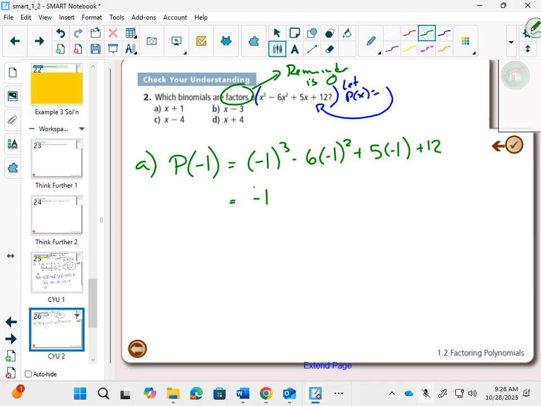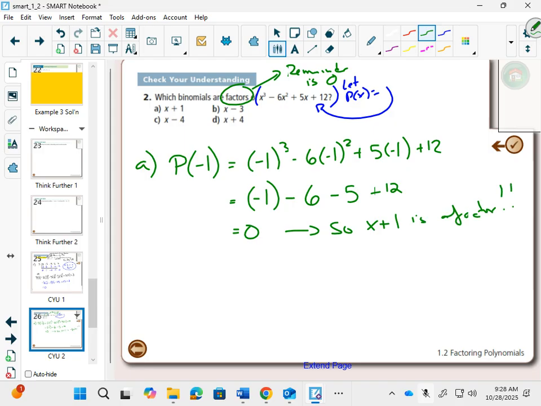A negative cubed will be -1, minus a negative squared is positive, so minus 6, minus 5, plus 12 equals 0. So x plus 1 is a factor. And what that means is that we can maybe factor this completely.